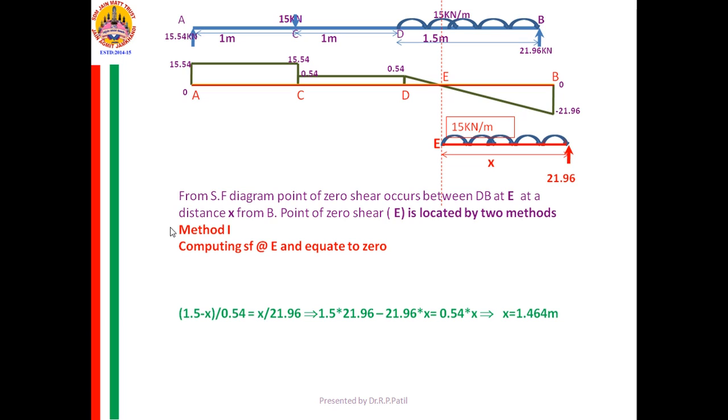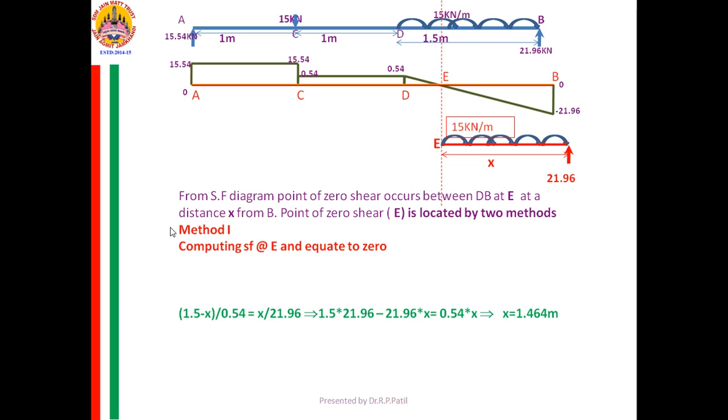UDL is 15 kilonewton per meter run and is acting only per part X. Now, you are considering which part for the calculation? You are considering the right part for the calculation. Left part you have kept there only. Right part you have taken for the calculation.